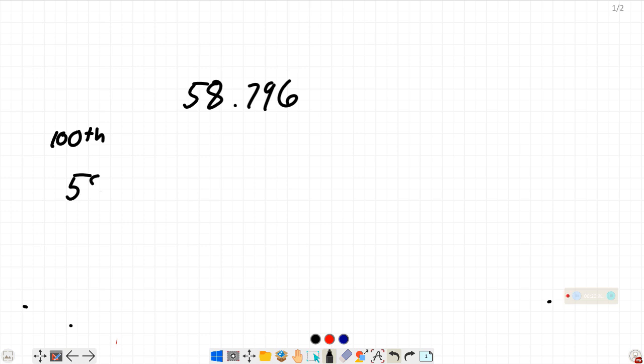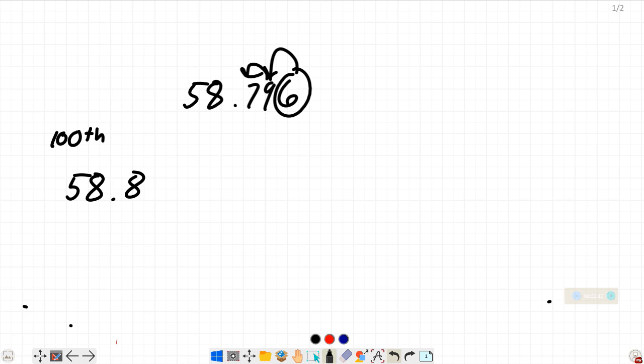So 58.710. Right? That number doesn't exist. Well, it does exist, but it's totally wrong. So this is instructing me to make the 9 bigger. So we turn the 9 into a 10. So that's going to add 1 to the 7, and it's actually 58.8.